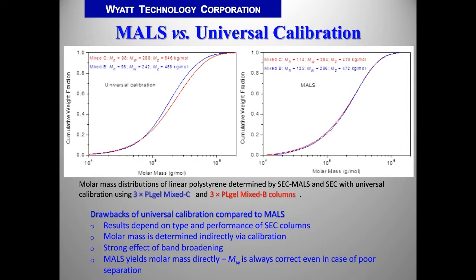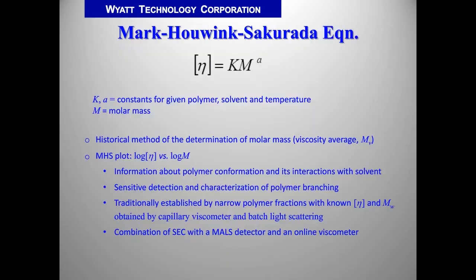But it's also worth mentioning that the results are strongly dependent on size exclusion separation effects like enthalpic interactions with the column packing. And this is different to MALS, because in the case of MALS we get at least the weight average molar mass correctly, because it is calculated independently of separation performance.